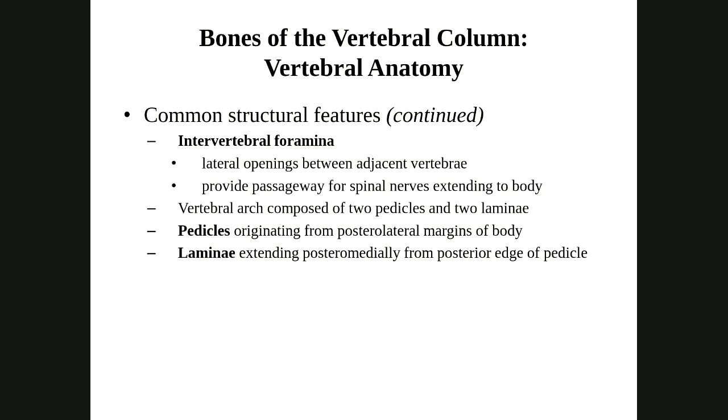So I think it was Casey that asked about the vertebral arch, and that's again going to be our two pedicles and the two lamina. And the pedicles are going to be those bony prominences that come off of the posterior lateral portion of the vertebral body.